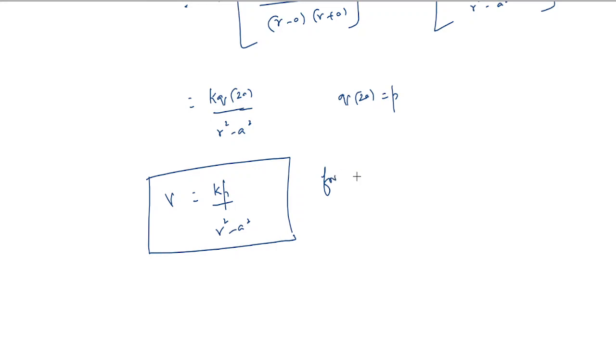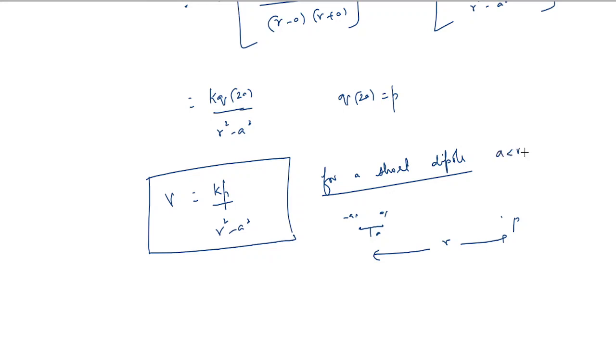If we consider a short dipole, that means that it's like this is what the dipole is. This is like minus q and plus q, and the point P is very far away. So in such case, the distance r is very large. So this a is small compared to the r involved here. In such case, we can say a is less than r.